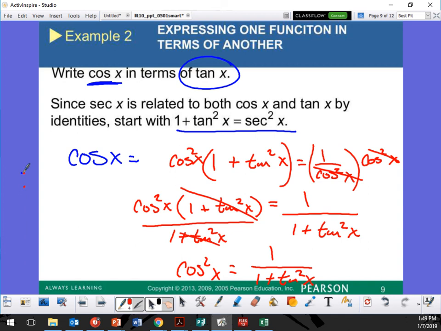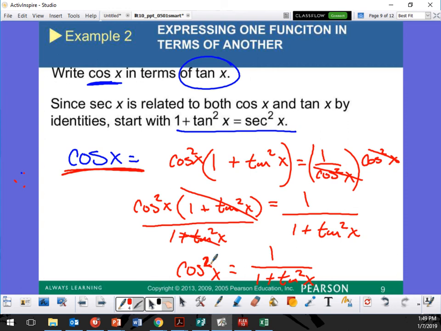Am I there yet? No. What's wrong? Look at this: cosine squared x. It's still squared, and I don't want it squared. How do I undo a square? Square root.